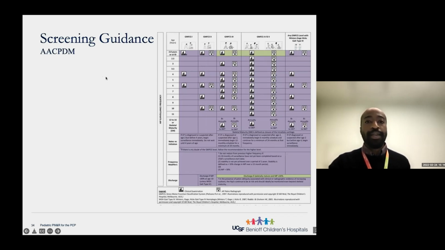Sorry, that's not true. For GMFCS 1, you can just do physical exam and monitoring. For 2 through 5, you should get imaging upon initial presentation to you, and then between the ages of 2 and 3, and then depending on physical exam findings, such as range of motion, pain, increased pelvic obliquity, you may need more frequent screening.